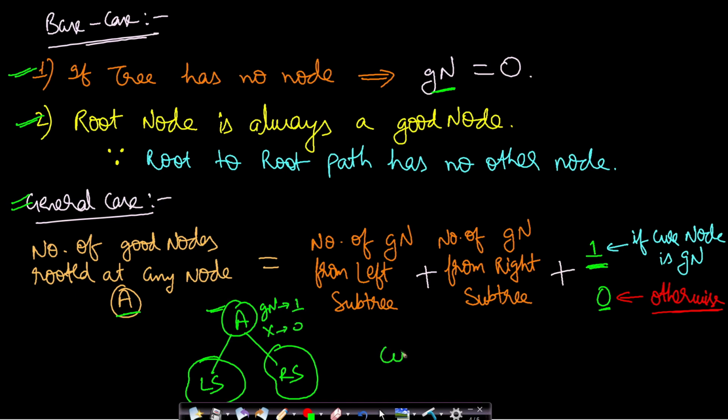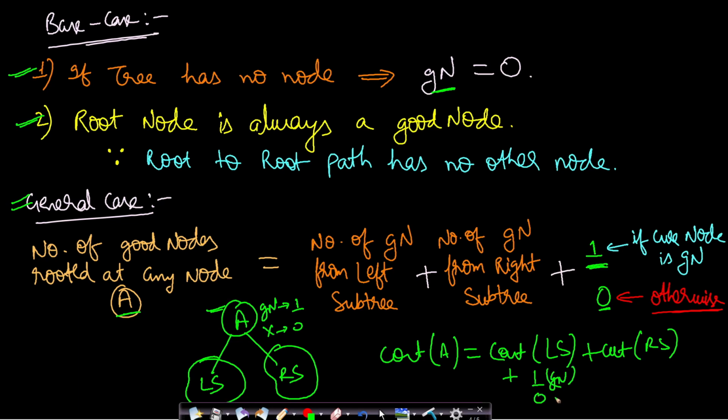This is how you keep track of the entire count, and you already know how to keep track of the max value in the path.